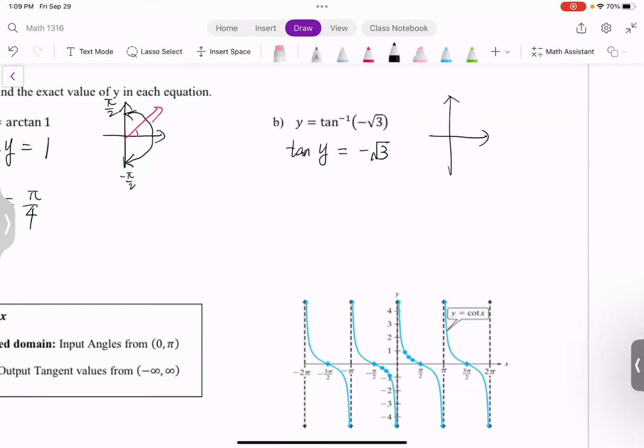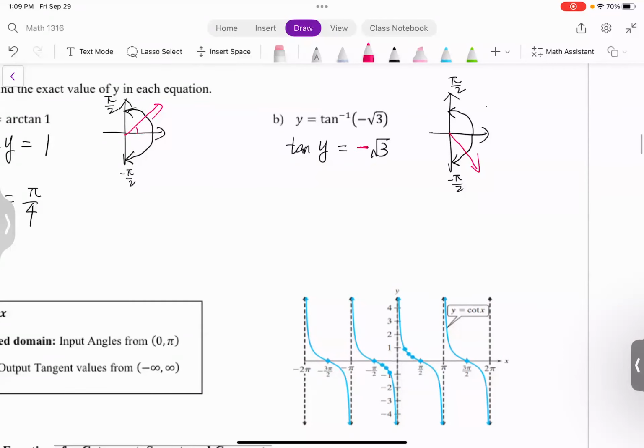Where is my angle y if the tangent has the inverse function between negative half pi and half pi, in the first and fourth quadrant. And look at the negative sign here, tangent negative in which quadrant? Fourth quadrant. So I must have my angle in the fourth quadrant, and I will find what is the reference angle first.